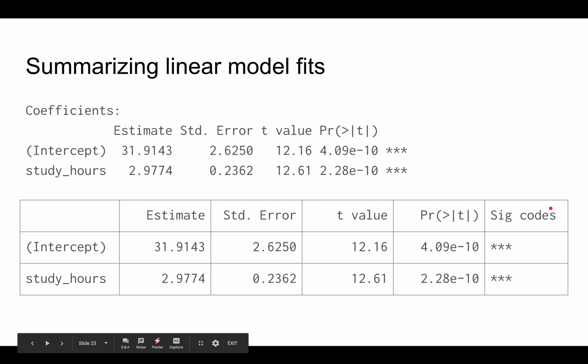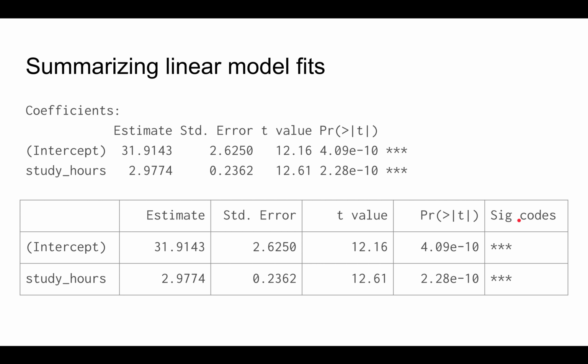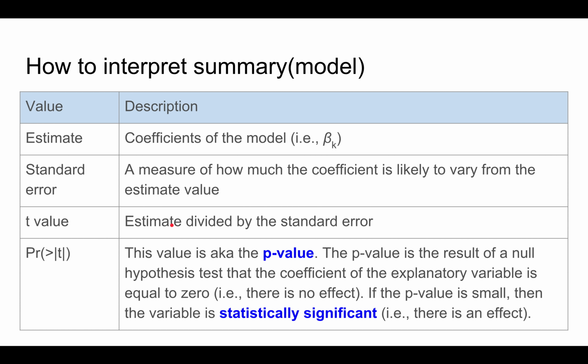The last column is the significance codes. You can see each row of the table is one of the explanatory variables, and you have these different columns, the meanings of which are here.